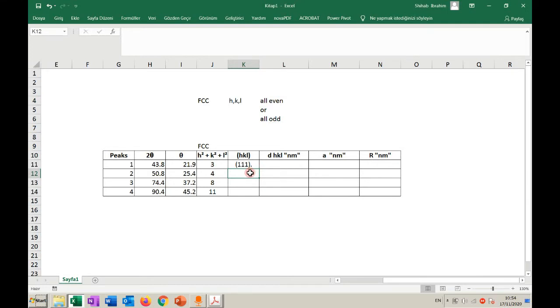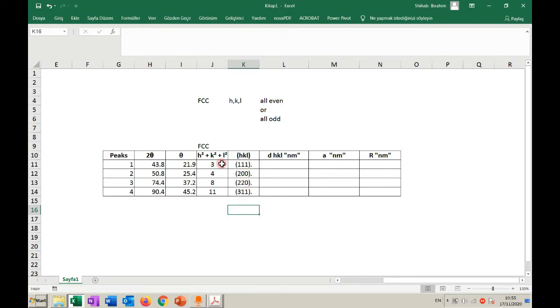Then we did this one in the previous example. You know that this will be 2, 0, 0. The other one will be 2, 2, 0, and the other one will be 3, 1, 1. So those are the planes: 1, 1, 1, 2, 0, 0, 2, 2, 0, 3, 1, 1.